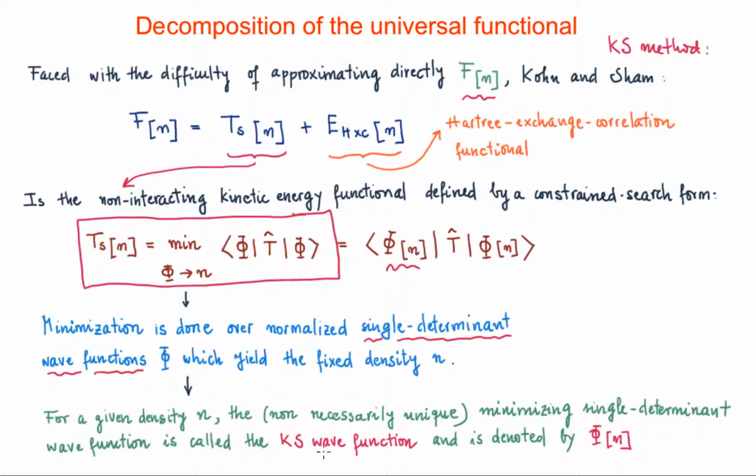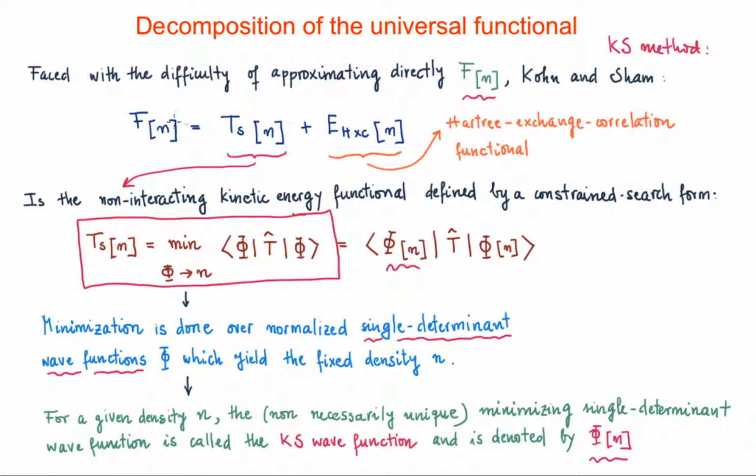Remember that these Slater determinants describe that fictitious non-interacting system, and we denote the Kohn-Sham wave function in this way. Of course, it's a functional of the density, because for a fixed density we minimize with respect to different Slater determinants that give that electronic density. So this is the way that Kohn-Sham defined that non-interacting kinetic energy functional, the first term in this decomposition of the universal functional.